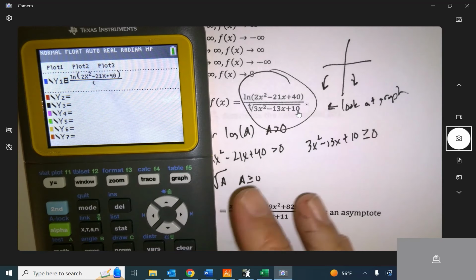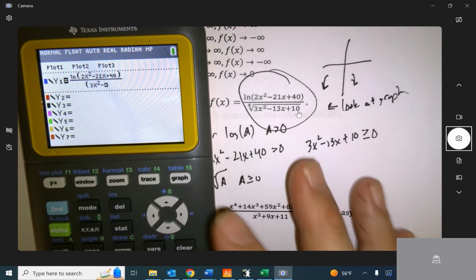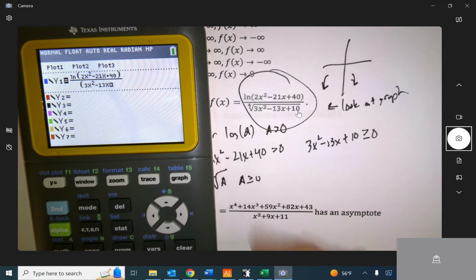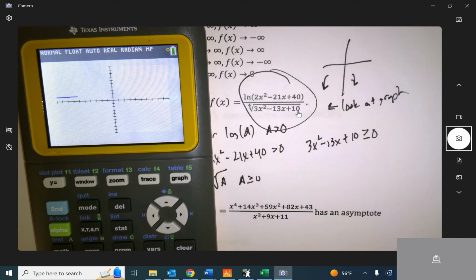Fourth root is going to be the 1/4 power. And there's my function. Zoom 6. Well, isn't that weird?